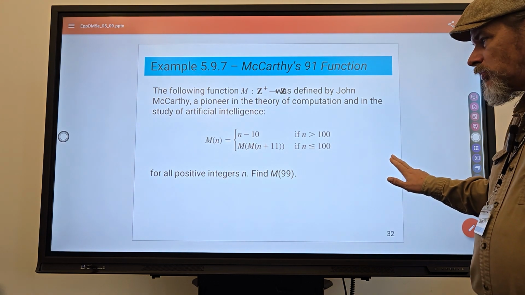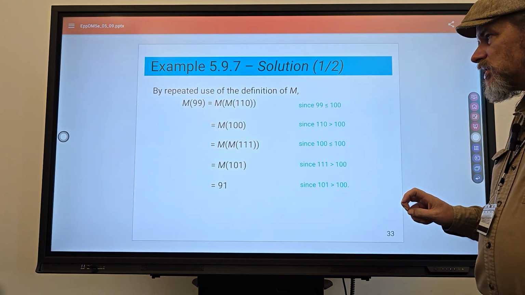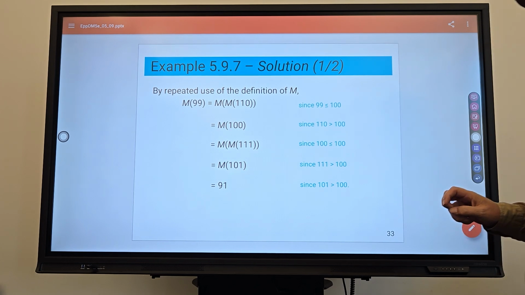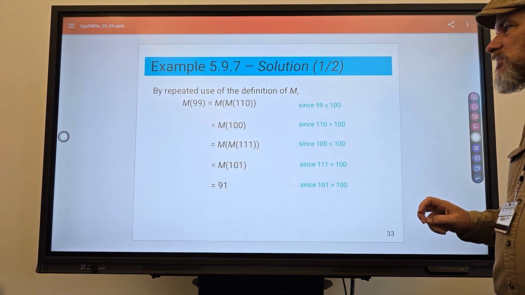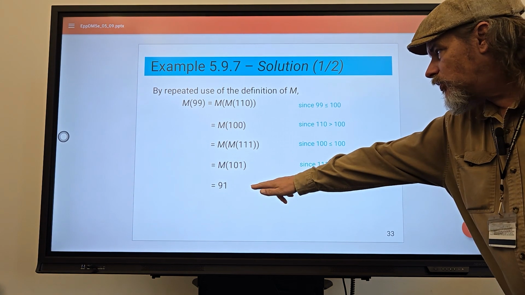So, by repeated use of the definition of M, M of 99 equals 91.